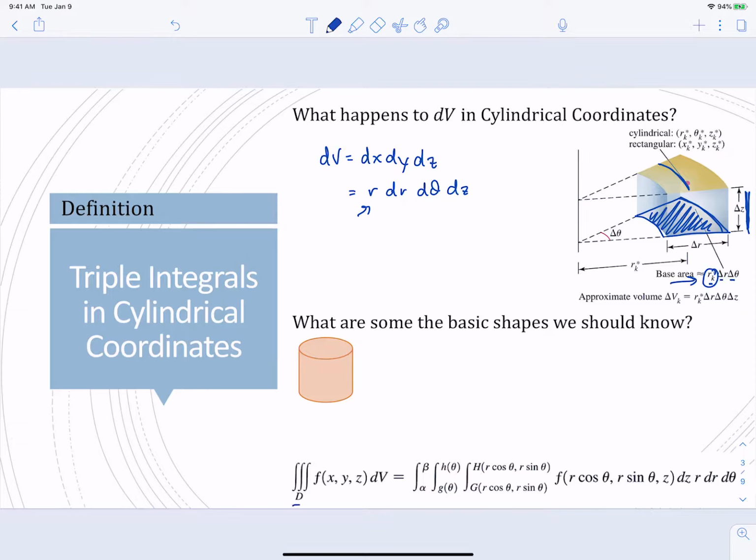So we've got down here our regular triple integral, and then I've written out what it usually looks like. Usually we integrate with respect to z first, because that often can be in terms of r and theta. And then secondly, we integrate with respect to r. Sometimes r is given in terms of theta, sometimes it's just given in terms of r.